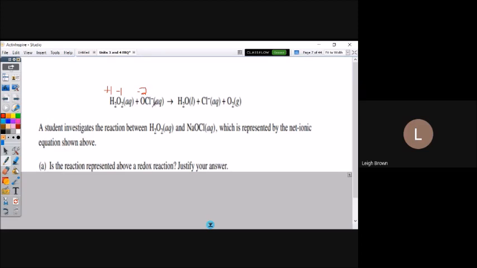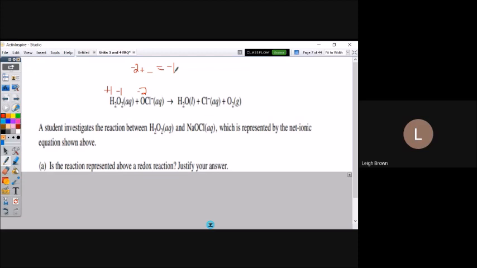polyatomic ions is going to be -2 like you'd normally expect. Now this is where chlorine is kind of a weird charge this time, because remember when we add the oxidation numbers together for parts of an ion, I'm leaving a blank here for what the chlorine oxidation number would be. These two together have to equal whatever the overall charge of that ion is.